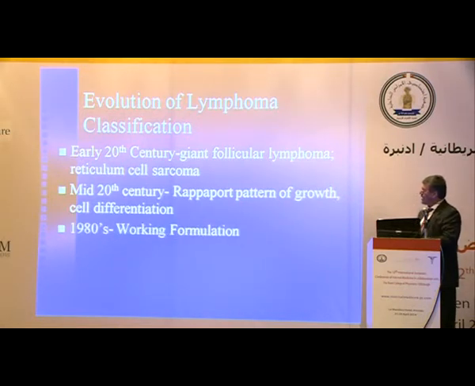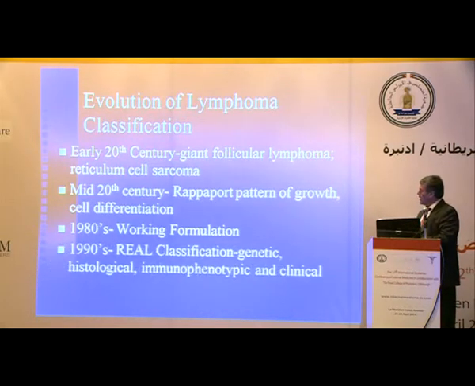And in the 1980s, when we graduated, the Working Formulation was there. And in the 1990s, particularly in 1994, the REAL classification was there. The difference between those evolutions of lymphoma classification depended on the pathologist, the immunopathologist, and the clinical features.